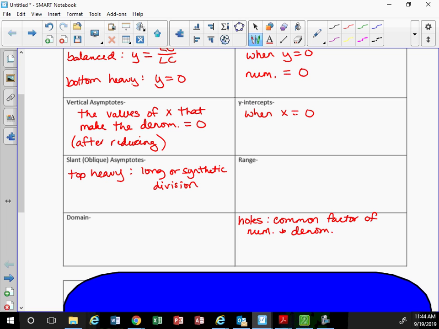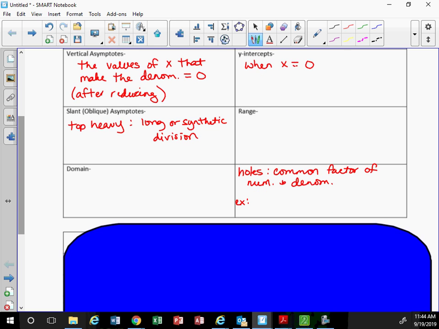So let's say I find that common factor. I'm just going to make you a little example here. Let's say I end up with x plus 2 times x plus 1 over x plus 2 times x minus 3.